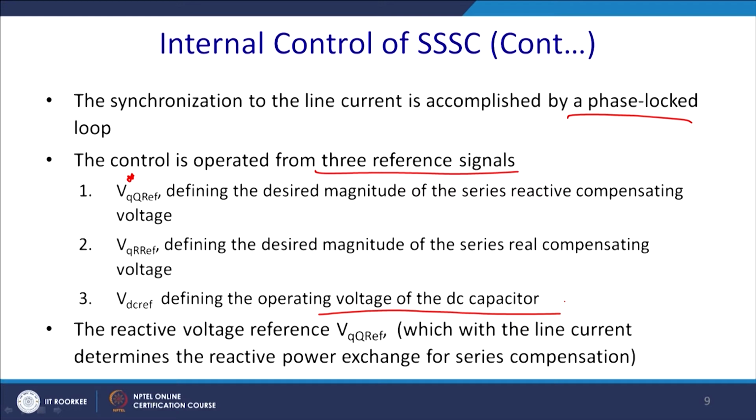The reactive voltage reference, VQ ref, will change dynamically depending on the magnitude of the injected voltage, which with the line current determines the reactive power exchange with the series compensation. That is the term that will decide the amount of the compensation with SSSC.